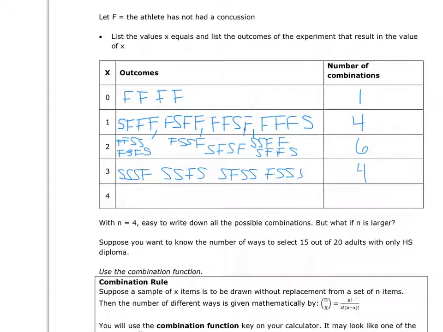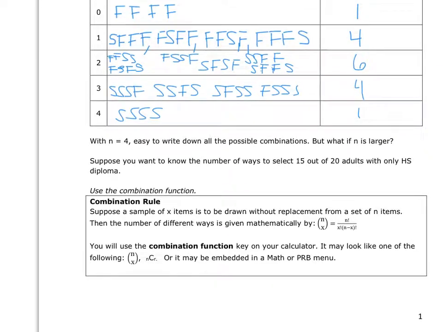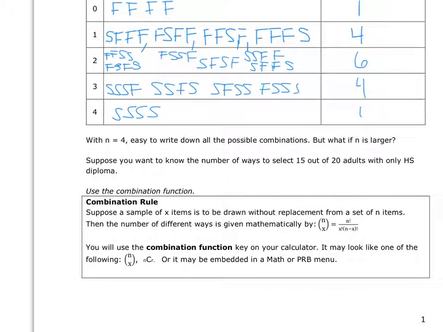And for all 4 to have had a concussion, there's one way that can happen. So we get a list of the number of combinations for the value that X takes on, where X is the number of athletes out of 4 that have said they have a concussion.